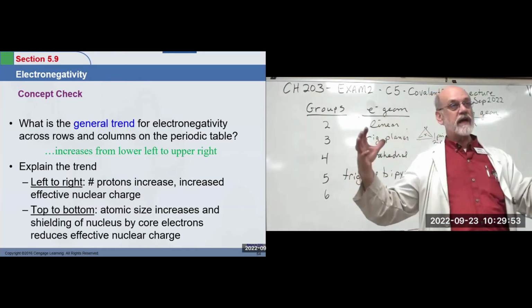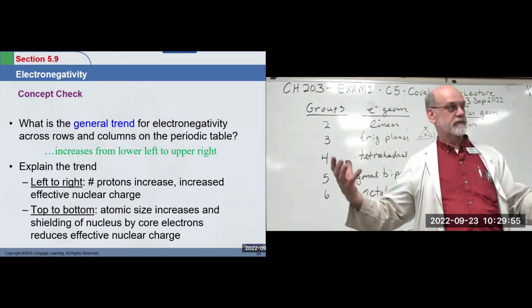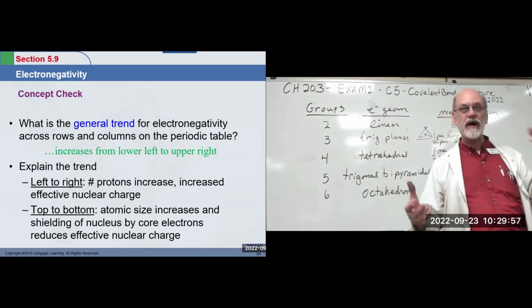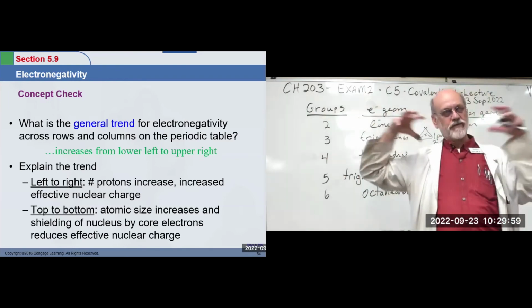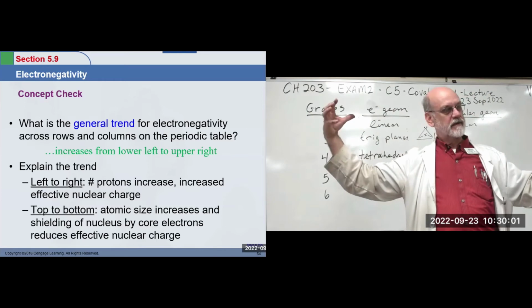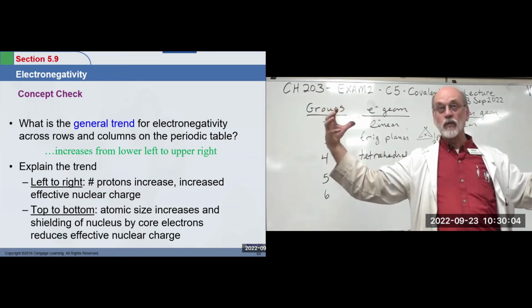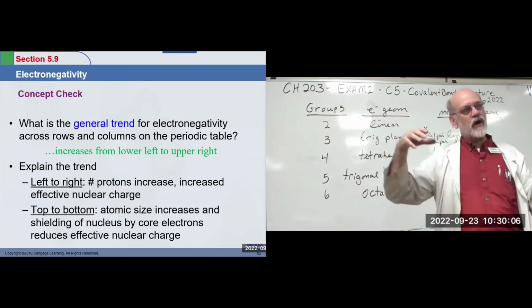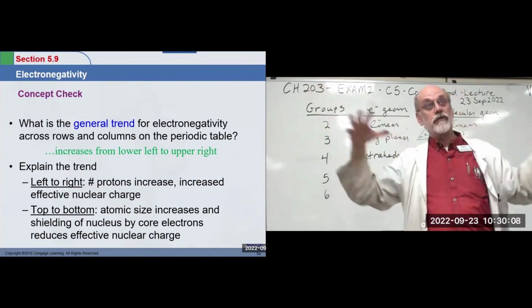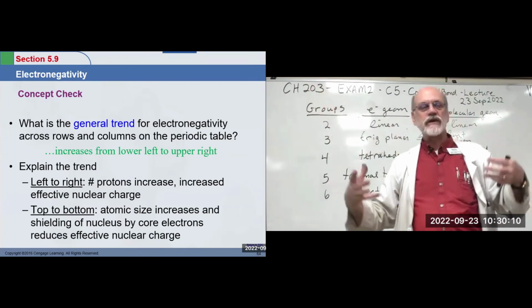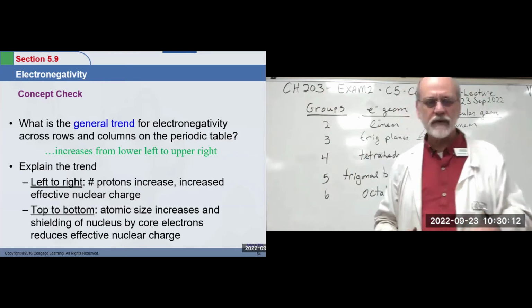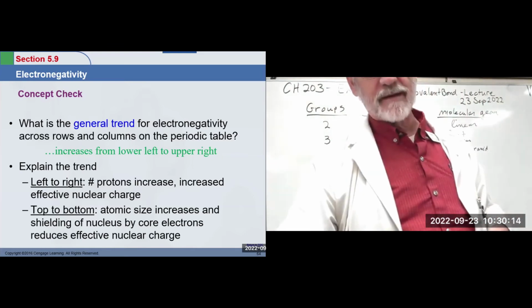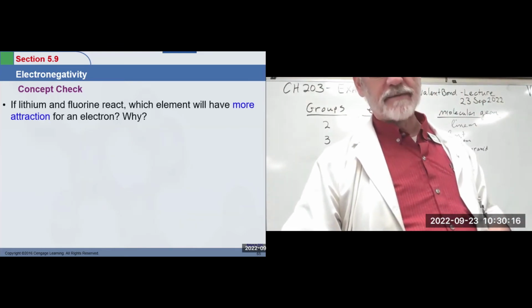The further away you get, the weaker the force. So if you get a positive and a negative charge farther away, then the force is weaker. So if these outer electrons are keeping approaching atoms further from the nucleus, that also decreases the effect. All right.